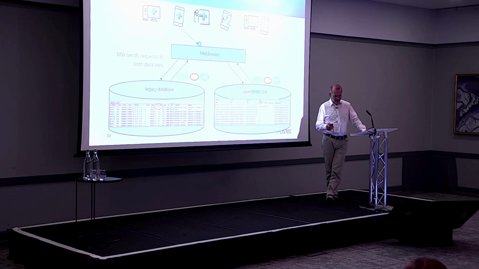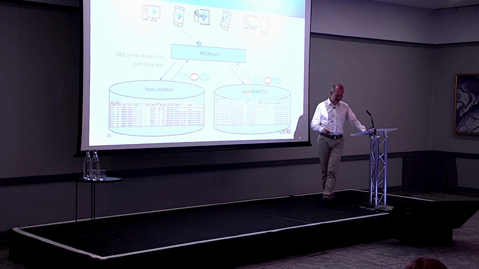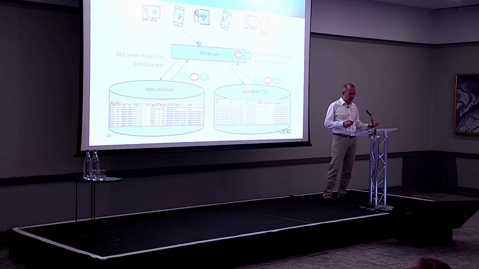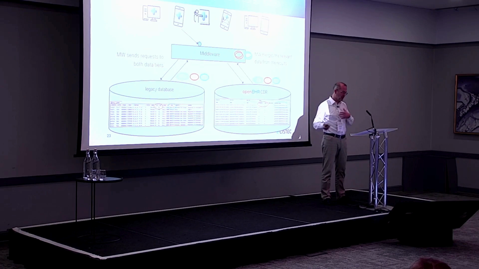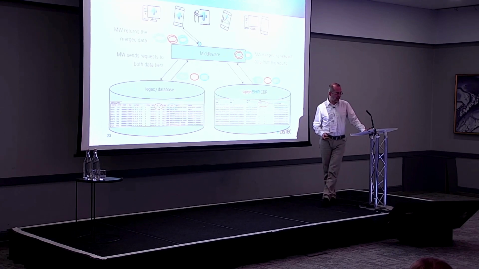Both repositories send back the requested data using their own data model. They don't know there is another repository, but the middleware does. So the middleware brings the two results together, and the middleware knows which data point in one model corresponds to which data point in the other model, and finally, the middleware returns the merged data to the client via the API.